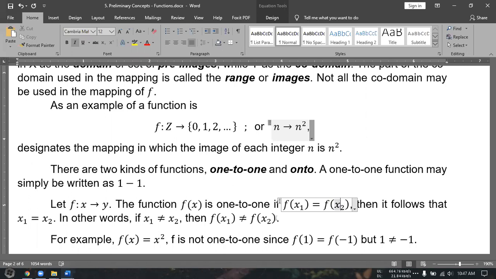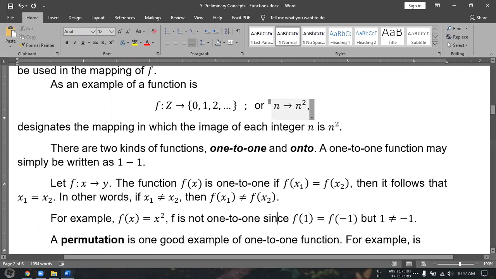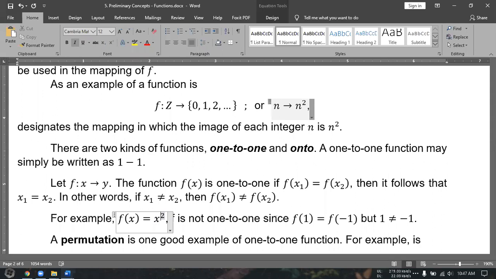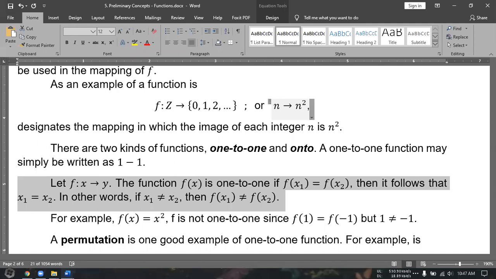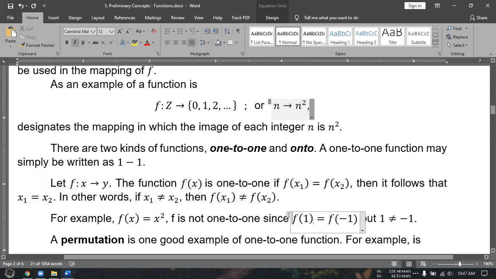For example, para mas malinaw, f of x is equal to x squared. It's not one-to-one. Bakit? f of x is equal to x squared is not one-to-one because it did not satisfy our definition. Now we have f of 1 is equal to f of negative 1.